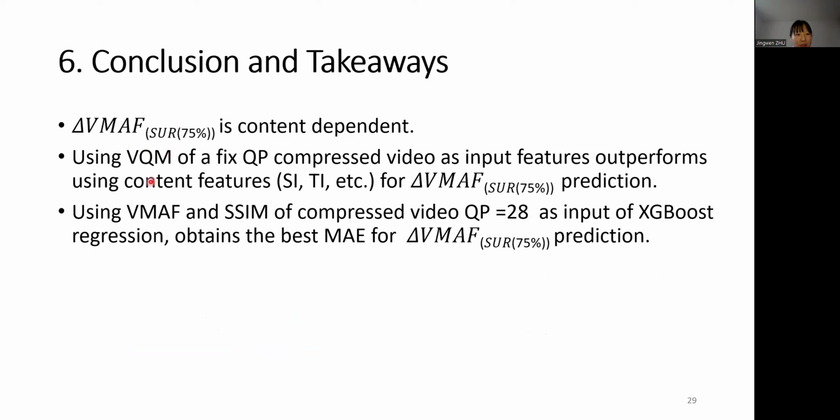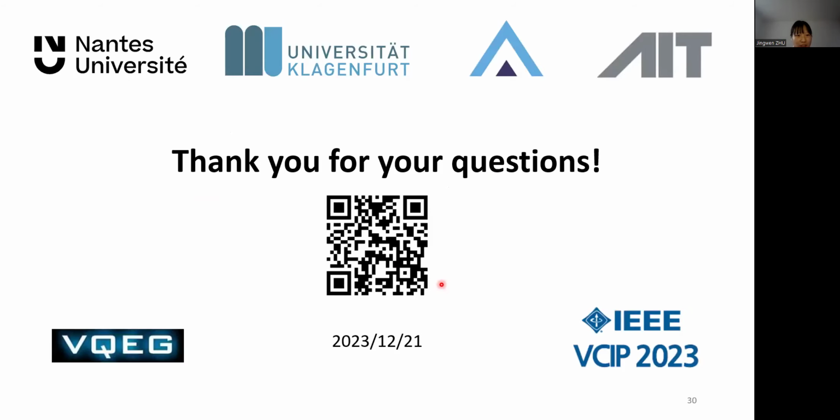The second is that using VQMs of fixed QP compressed videos as input features outperforms using content features such as video complexity features for the delta VMAF prediction. And the third is that using VMAF and SSIM at QP 28 helps us achieve the best prediction error. Thank you.